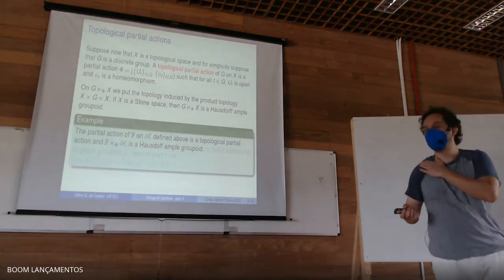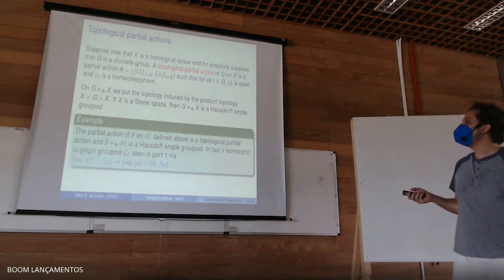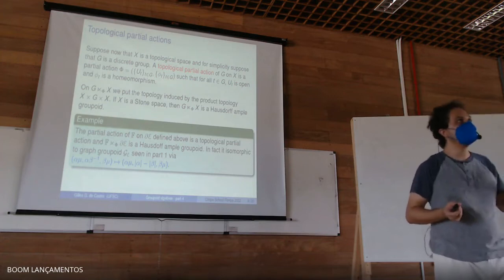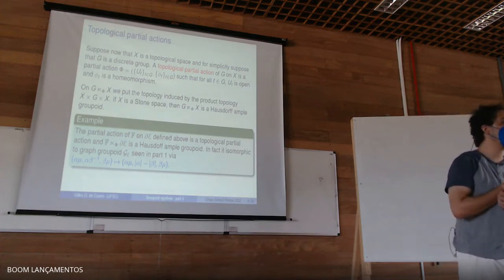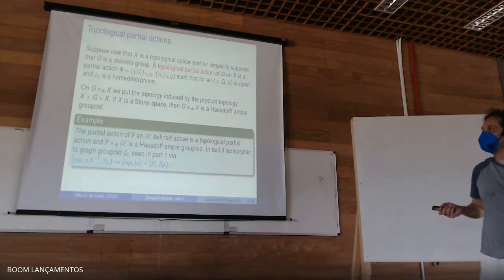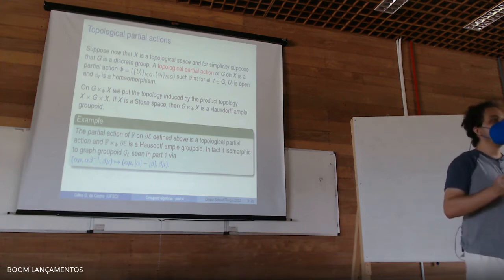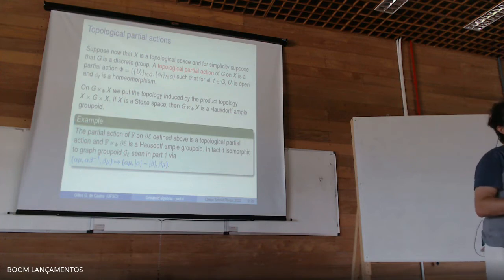The groupoid is going to be Hausdorff and ample. And this graph groupoid of the partial action is going to be isomorphic to the graph groupoid that Daniel defined on the first day. And the idea is to map now, for the free group, what is in the middle is an element of the free group. And for what was defined before, what was in the middle was an integer.